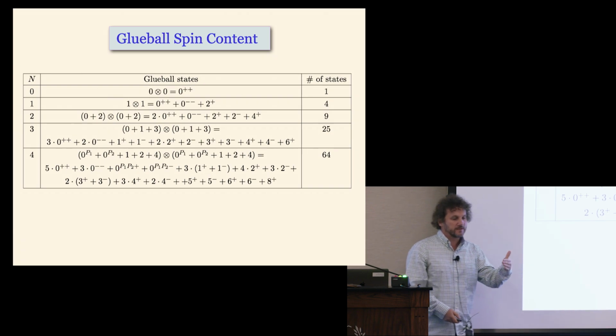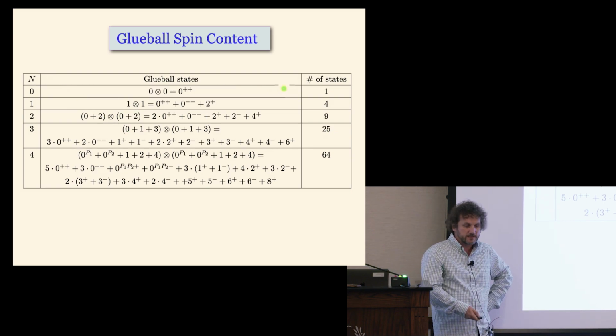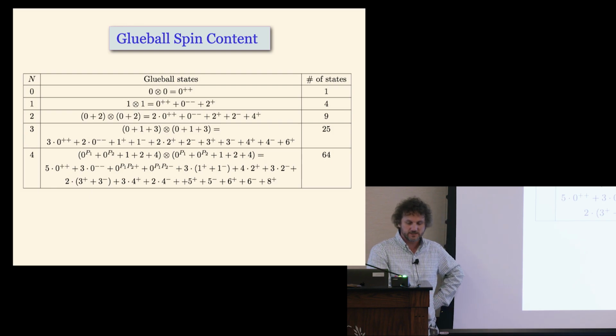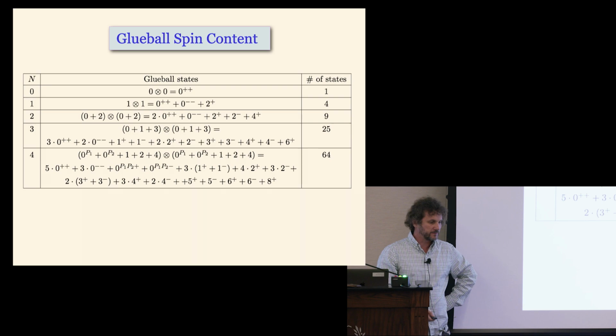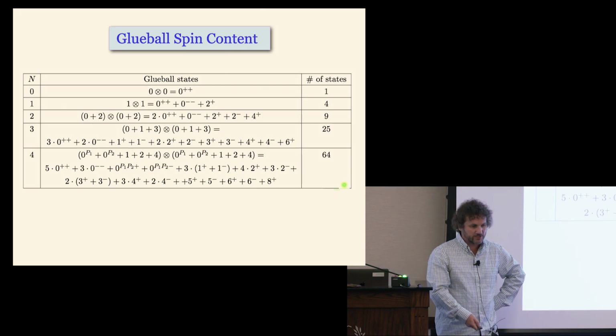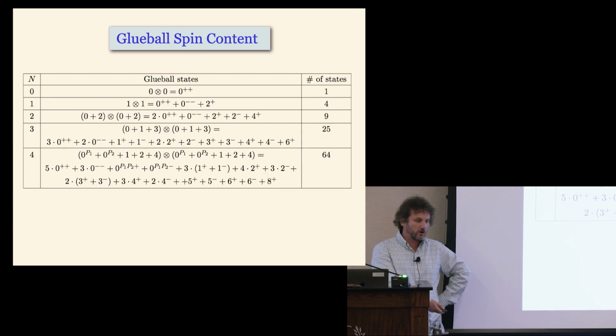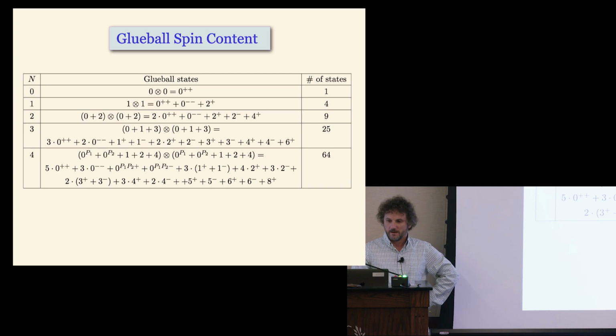Again, it's a leading approximation, so the states are organized by level, and level by level is a leading approximation. There is exact degeneracy, and hopefully later we'll be able to calculate splittings between these degenerate states. But the prediction for the spin content level by level is shown here.